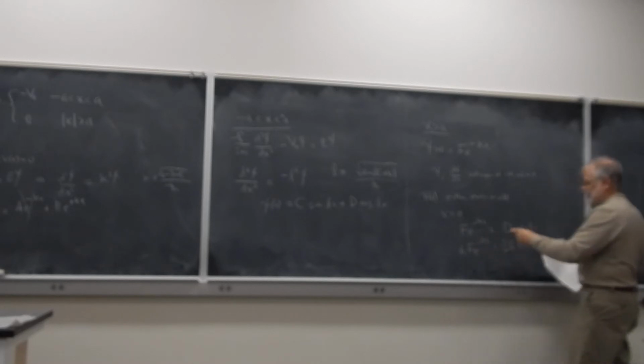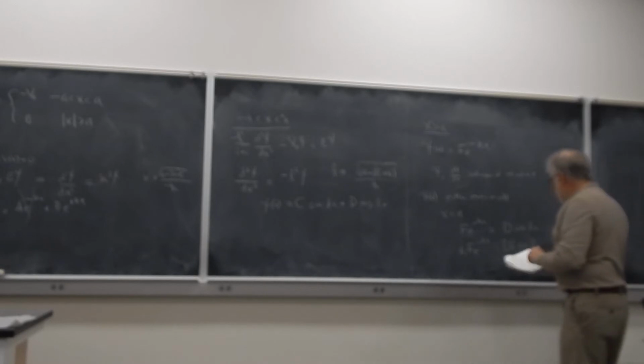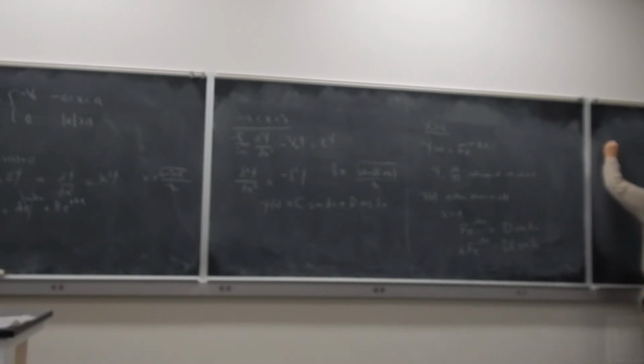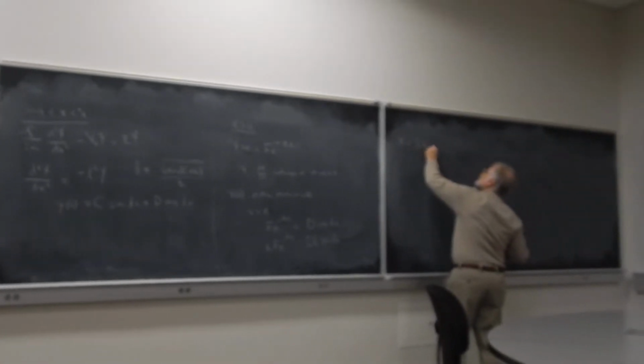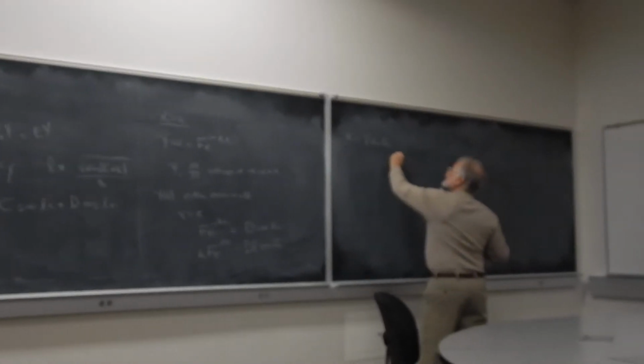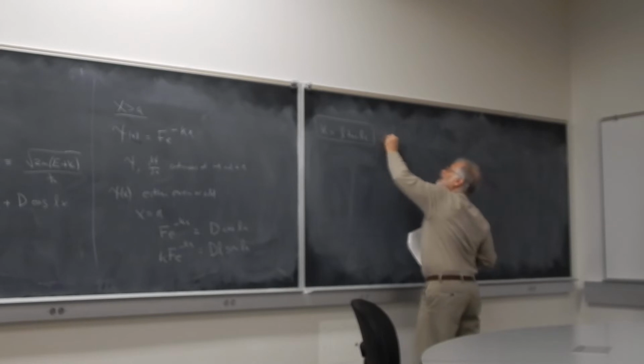I got two negative signs, one on each side, so just get rid of them. If I divide the second equation by the first equation, I get kappa is equal to l times the tangent of l times a. This equation tells us what the allowed energies are.